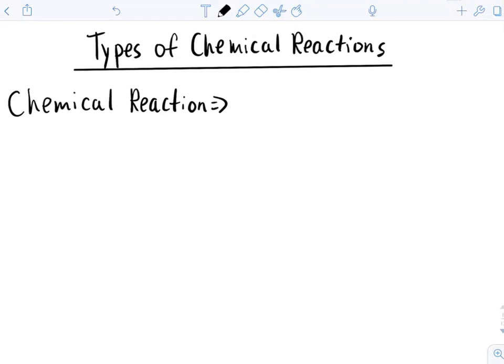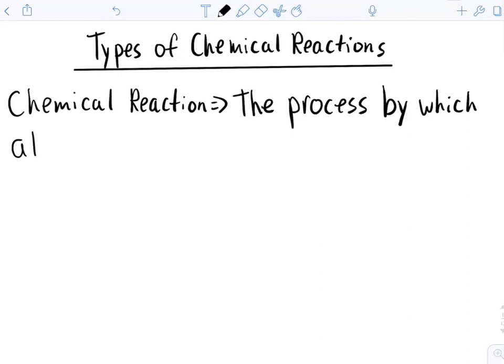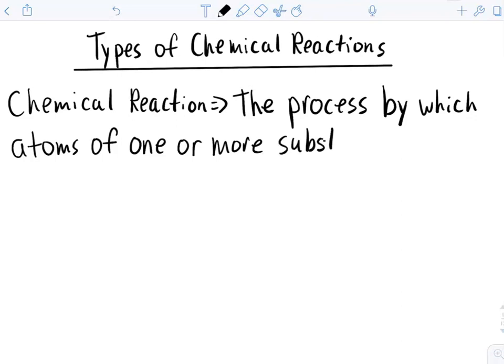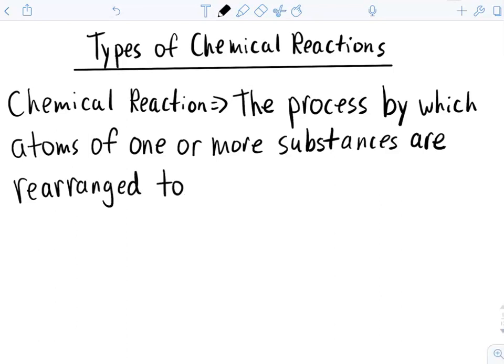So a chemical reaction is the process by which atoms of one or more substances are rearranged to form different substances.